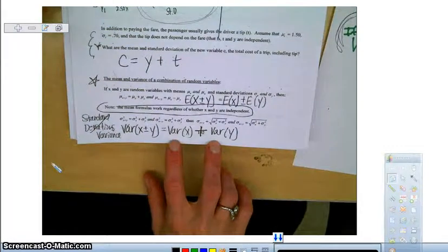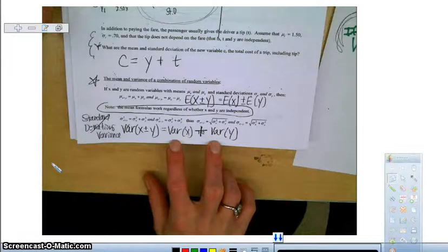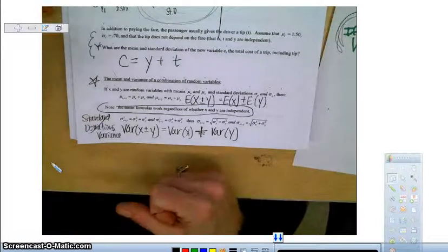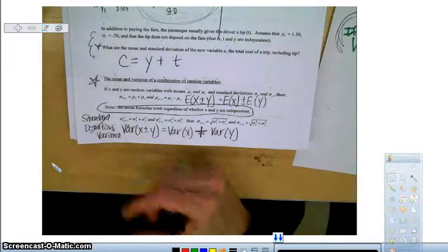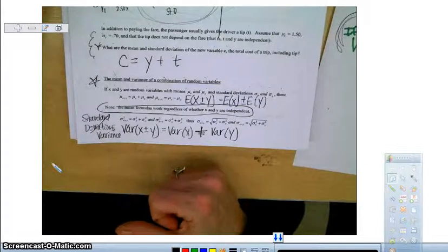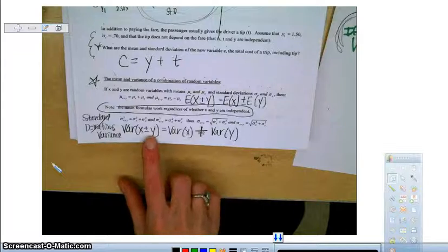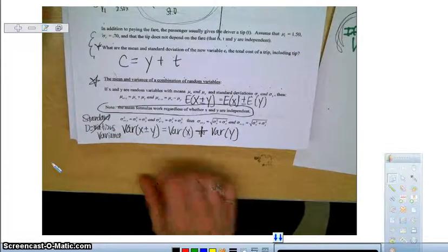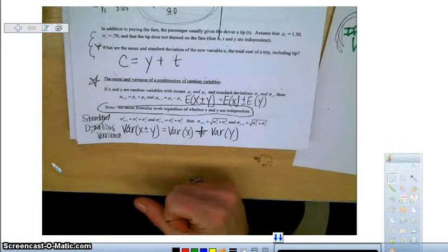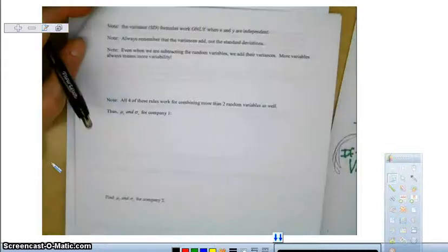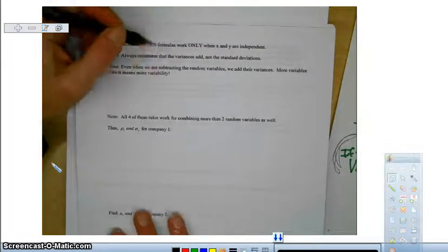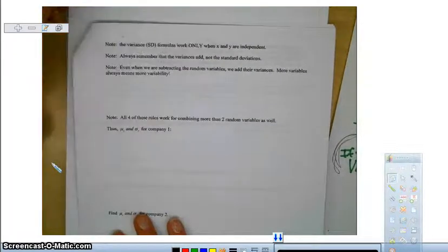More variables means more variability. Standard deviation is the measure of how much something varies from the mean, so variance is a natural way to describe it. If you are adding or subtracting random variables, you add the variances. And we'll show how this works in formulas. On the top of the next page, just continuing the notes, the variance and standard deviation formulas work only when x and y are independent.